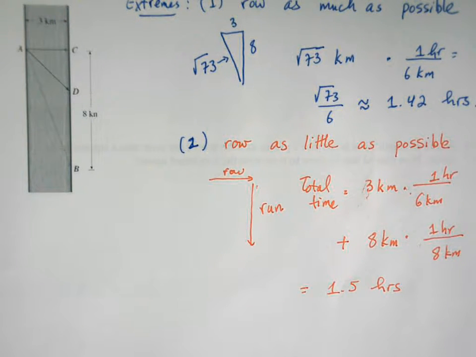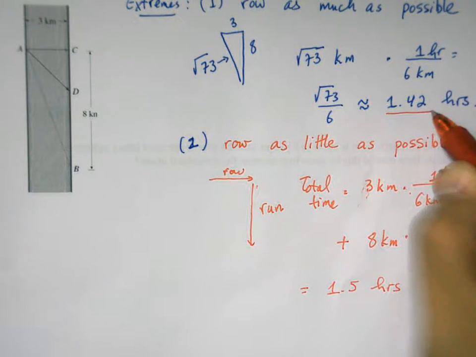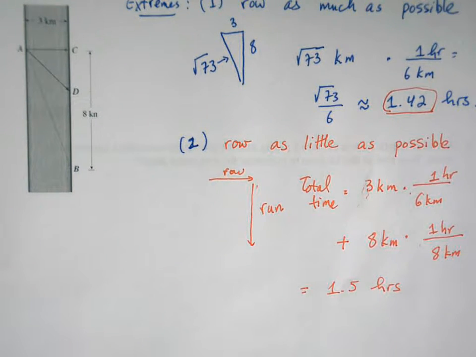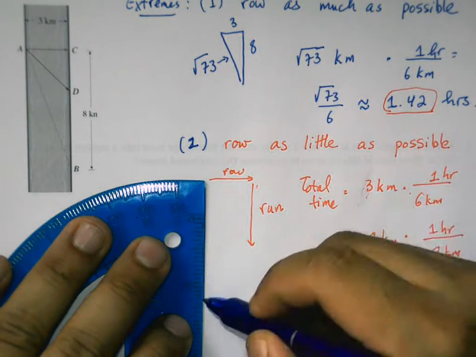Okay. 1.5 hours. So you can see that given the two extremes, this one's a little bit better than this one. Okay. But that's not the best answer. That isn't the optimized solution. So let's look at what is the optimized solution here.